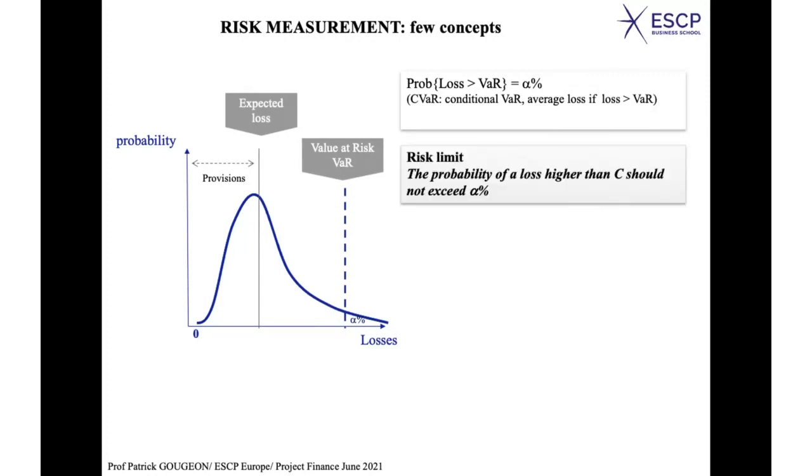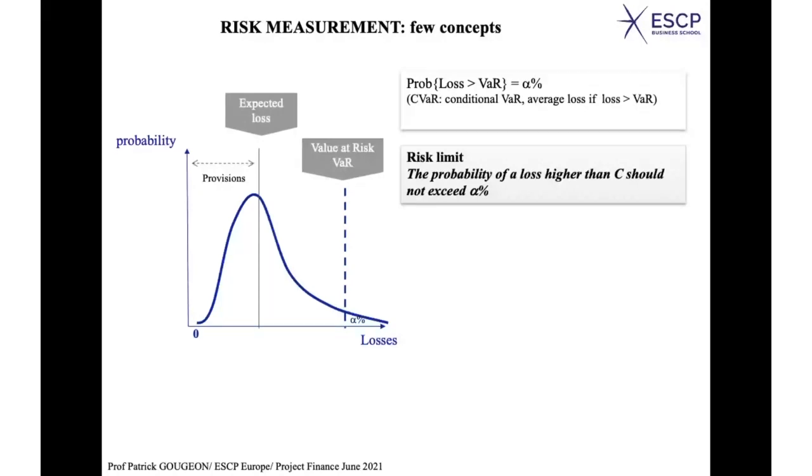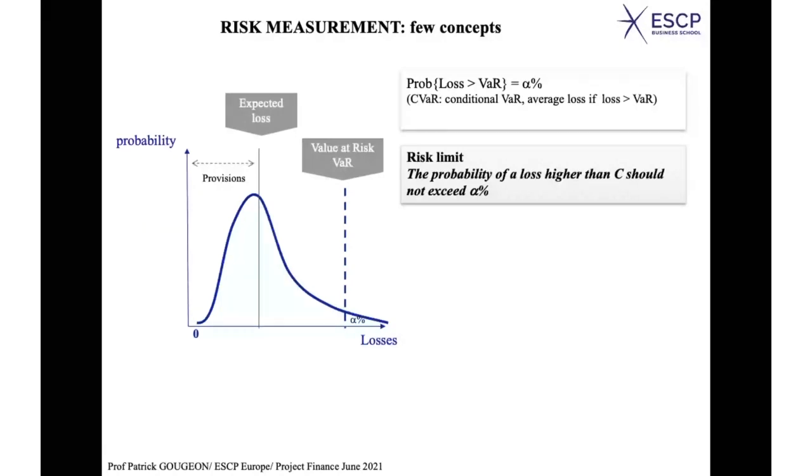The decision maker, for instance, might decide that the probability of a loss higher than a critical threshold C should not exceed alpha percent, alpha percent being the same alpha percent I have chosen for my value at risk. Let's take 1%. And let's assume that the value would be there, C.